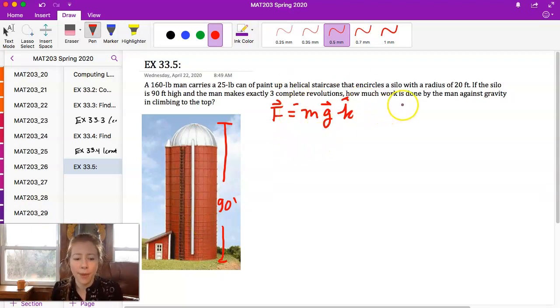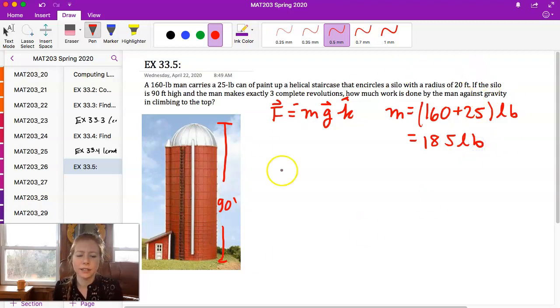So let's think about our mass. Our mass total is going to be the 160 pound man plus the 25 pounds of paint, so it's going to be 185 pounds. English units are really kind of messy.